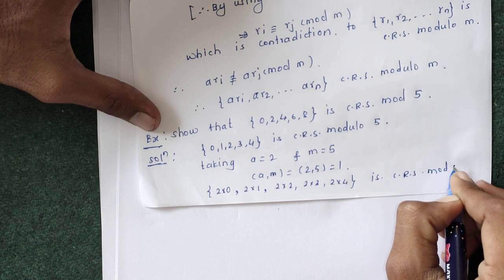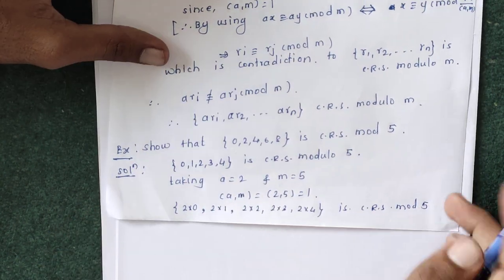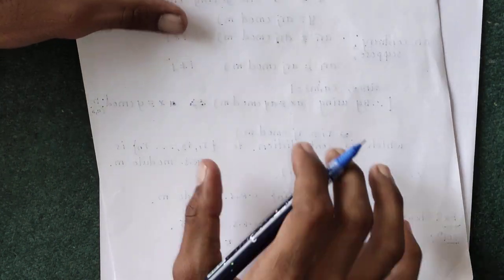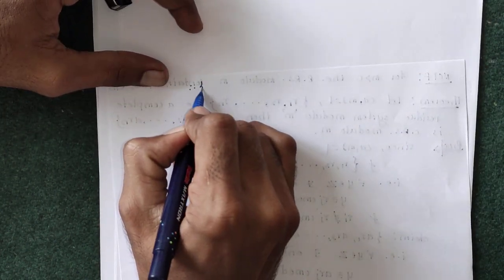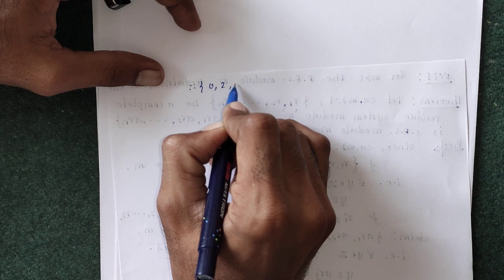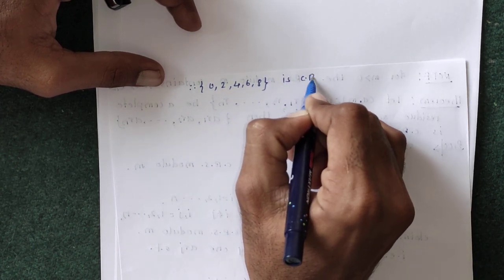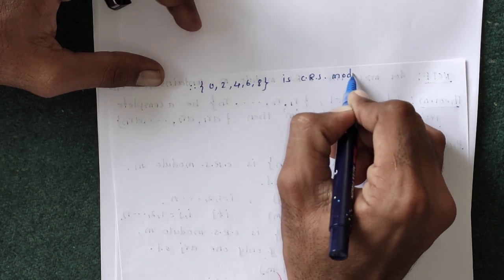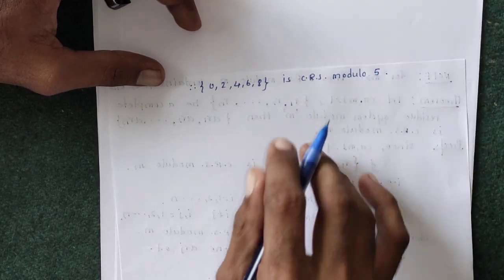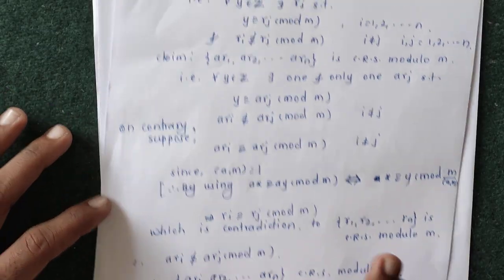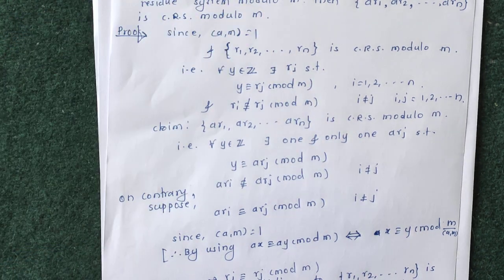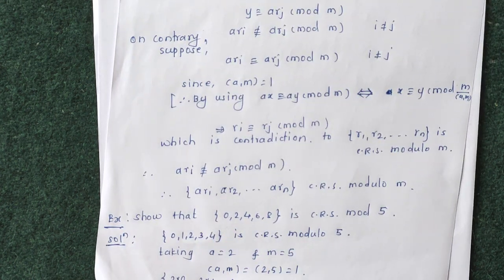So the set 0, 2, 4, 6 and 8 forms a CRS modulo 5. By using this result, that is GCD of A and m equal to 1 and R1, R2 up to Rn form a CRS, then AR1, AR2 up to ARn form a CRS modulo m. We have solved this example.